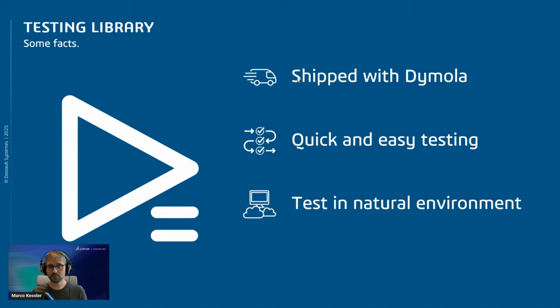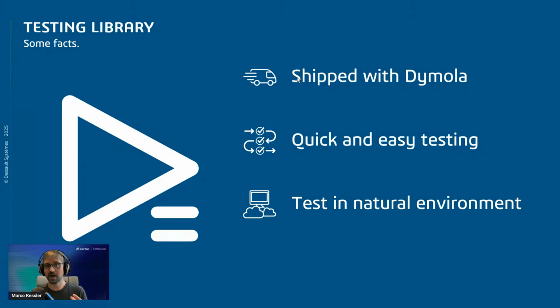Because we test everything in the natural environment of a Modelica model, which is just a tool, in our case Dymola, you get some extras on top. If you do refactoring, if you change class names, if you change variable names, those changes are automatically applied by Dymola on your test cases. This is not the case if you use an external tool to run your test cases.